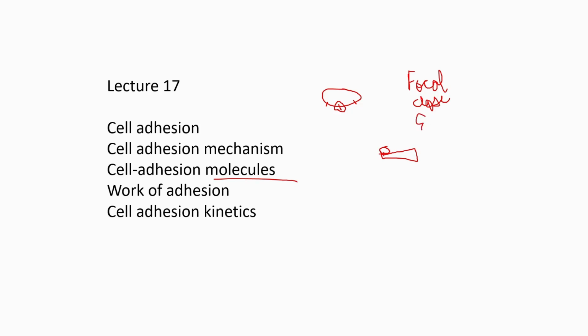And then ECM contact. ECM, or extracellular matrix, is basically the secretions of the cells, which contain proteins and glycoproteins. And these interact with the implant. So these are the three adhesion sites, and we also discussed different adhesive proteins, laminin, fibronectin, etc.